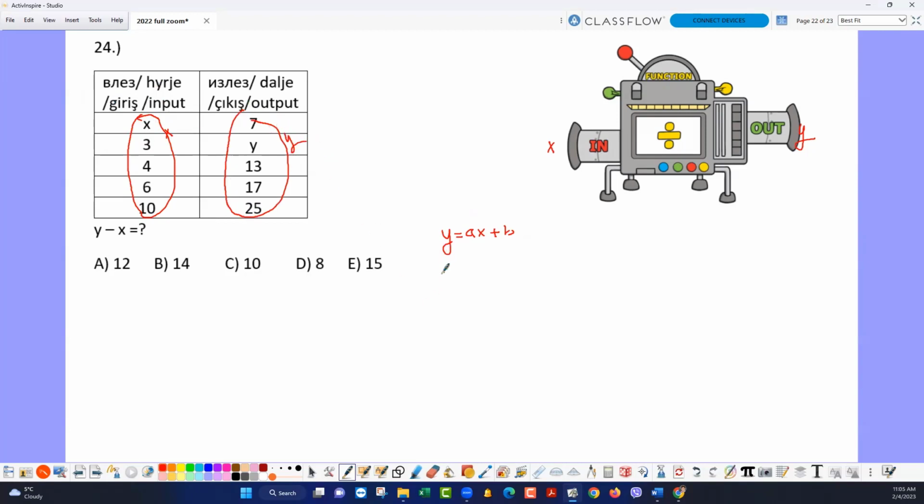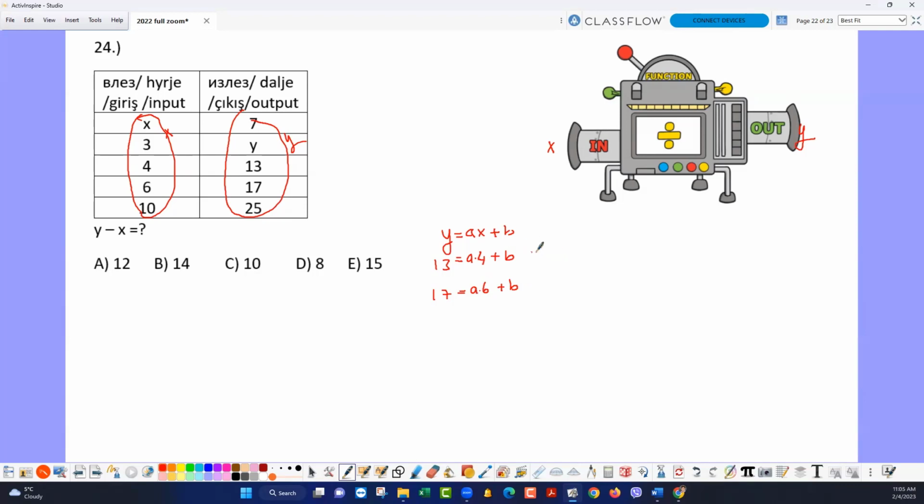Which means when you replace x by 4, a times 4 plus b should be equal to 13. And when x is replaced by 6, the result should be 17, which is equal to a times 6 plus b.